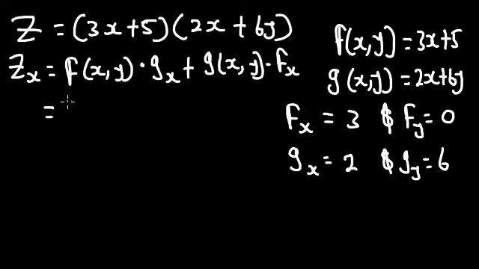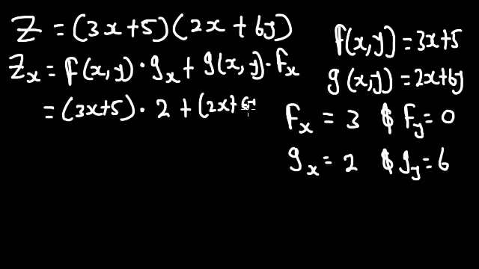Hence, we now have 3x plus 5 multiplied by g sub x, that's simply 2. So we have 2 plus 2x plus 6y multiplied by f sub x, that's simply 3.